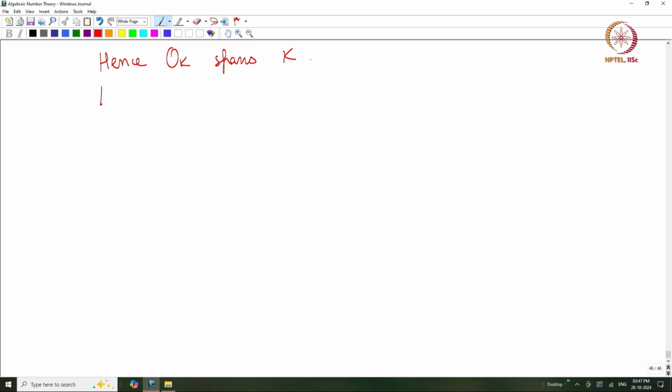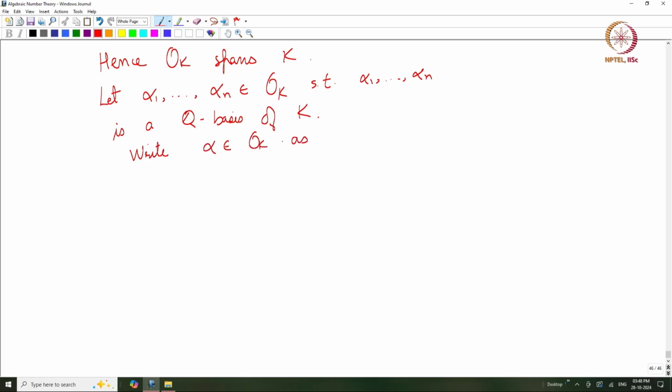So, now I choose elements in OK such that alpha 1 up to alpha n is a Q basis of K. In particular I can write any alpha in OK as alpha equals L1 alpha 1 so on up to Ln alpha n for some L1 up to Ln in Q. I do not know whether they are integers or not, they need not be integers in general. They are just rational numbers.